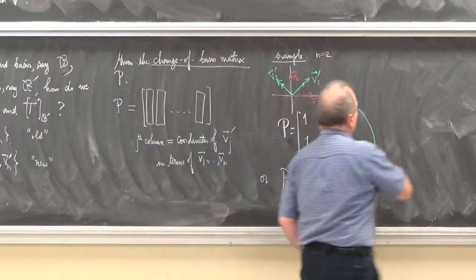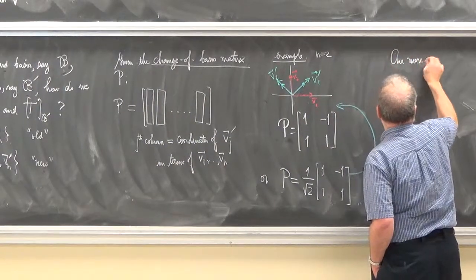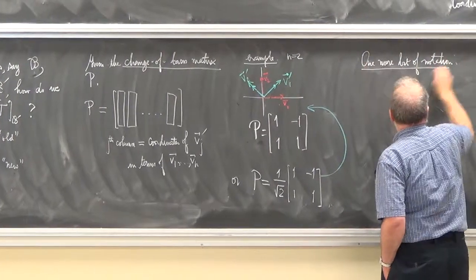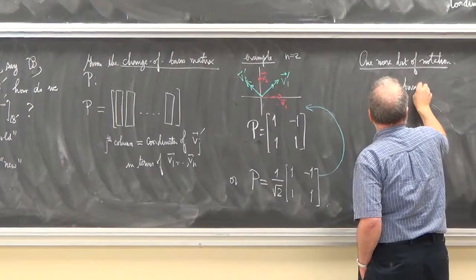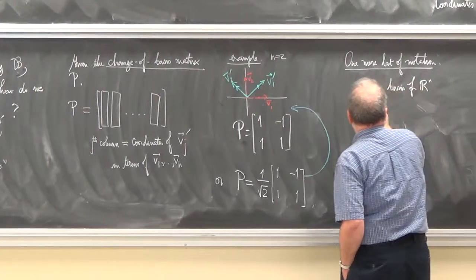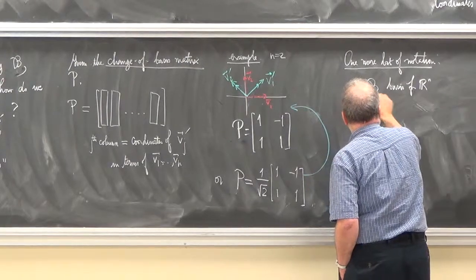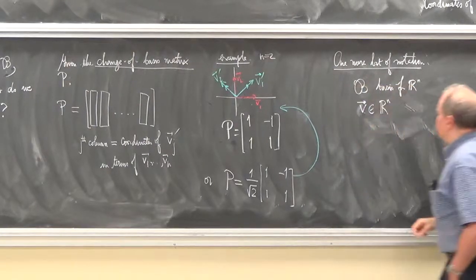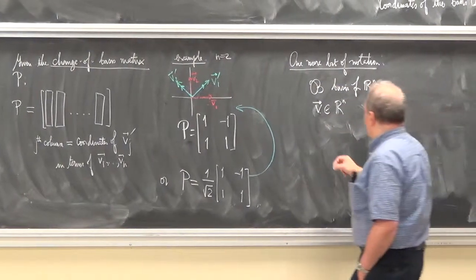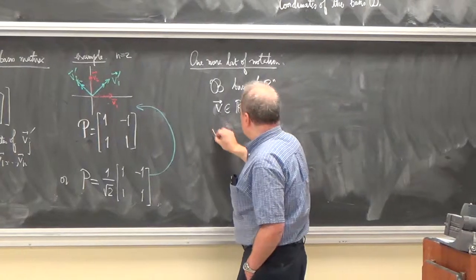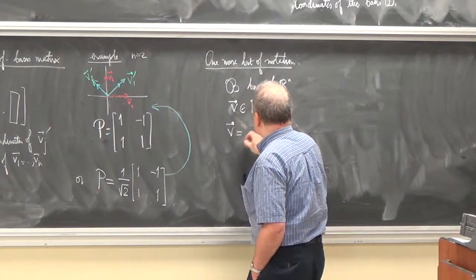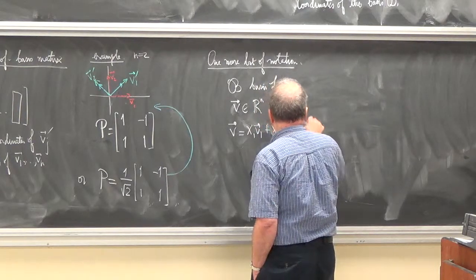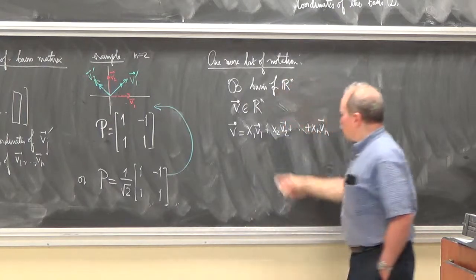Okay, so I want to introduce one more bit of notation, and then we're going to figure out the formula. If B is a basis for Rn, and V is a vector in Rn, then I can talk about the coordinates of V with respect to the basis B. Those would be the coordinates.